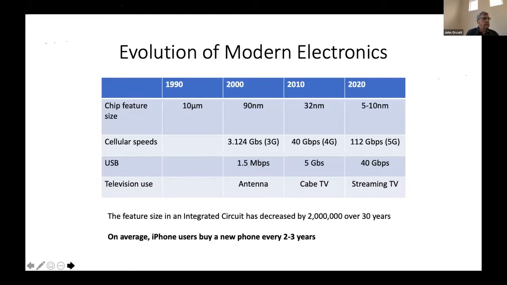Over 30 years, integrated circuit features have increased by a factor of 2 million times. It may be surprising that on average, consumers buy a new iPhone every 2 to 3 years since the capabilities evolve rather quickly. Flip phones have evolved enormously. Next slide.